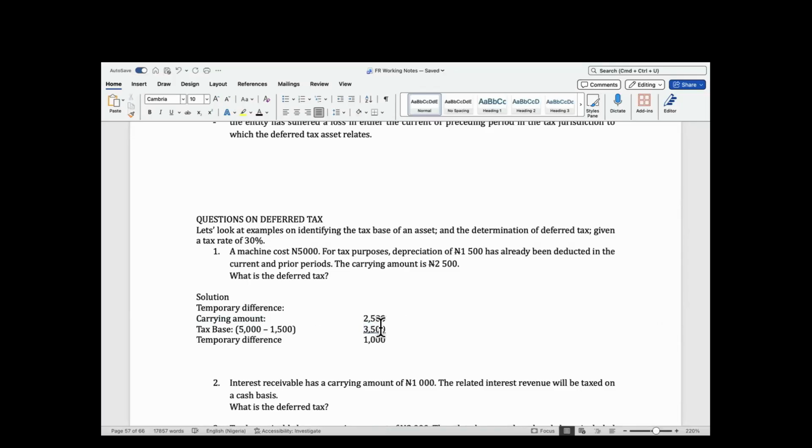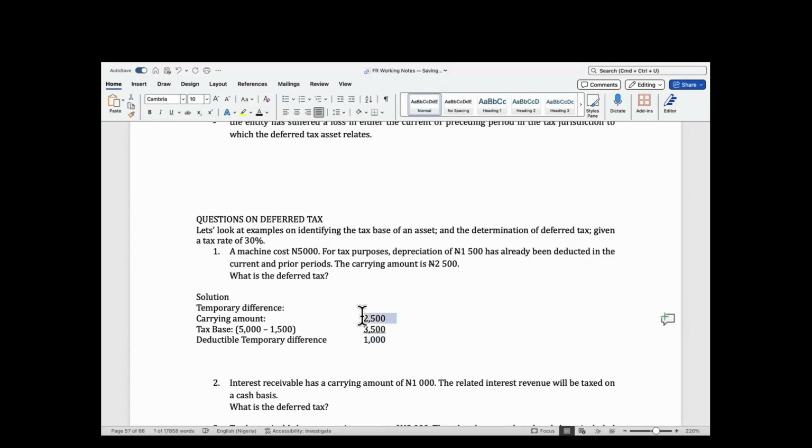In this case now, it means that I would have an extra deduction of 1,000. I'm going to have an extra deduction of 1,000. So this 1,000 therefore becomes a deductible temporary difference.